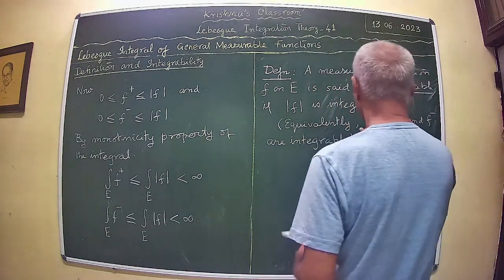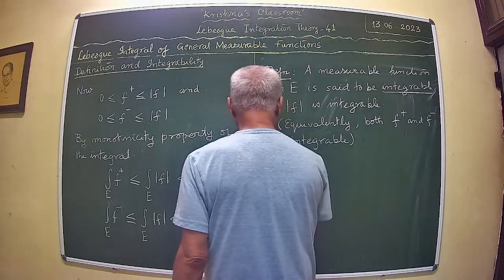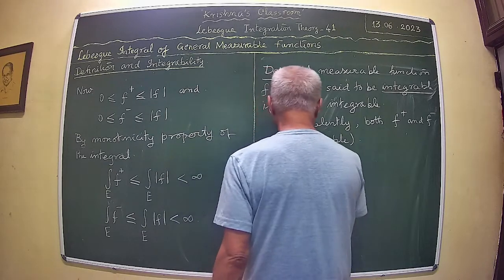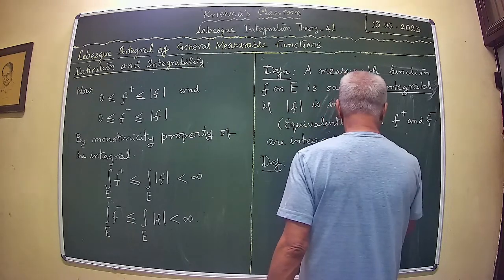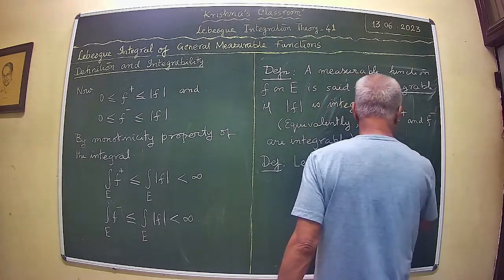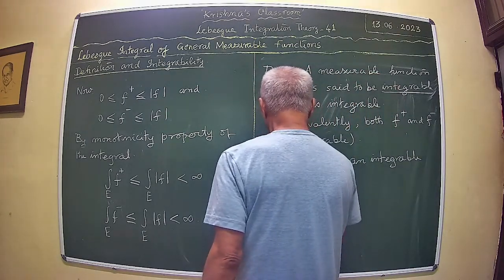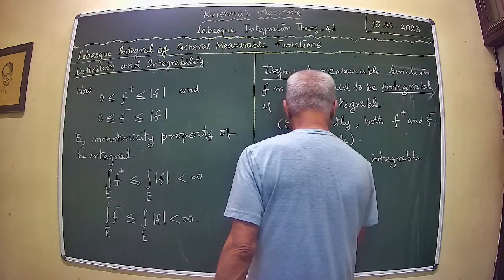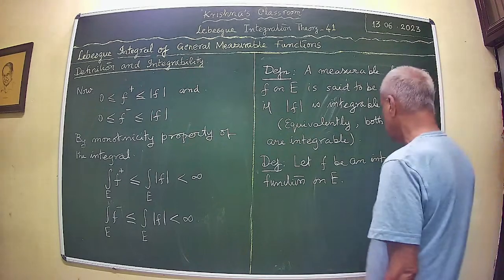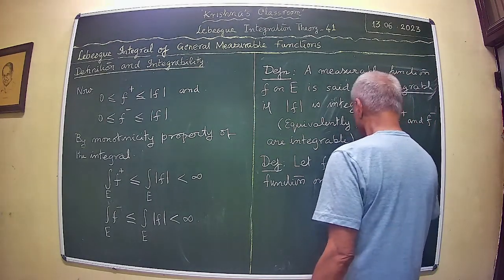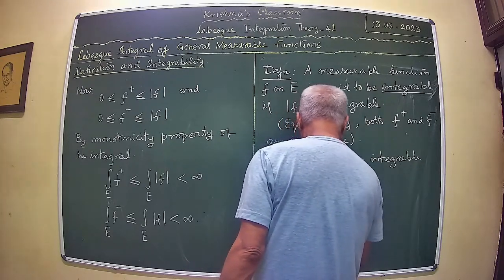Now we define the integral of such functions. So definition: let f be integrable on E. Then the integral of f is defined as the integral of f plus minus the integral of f minus.